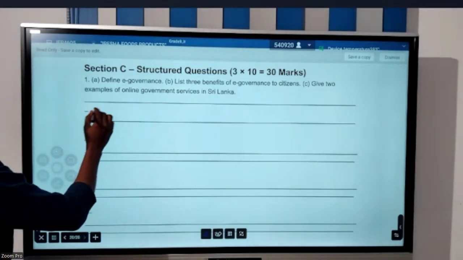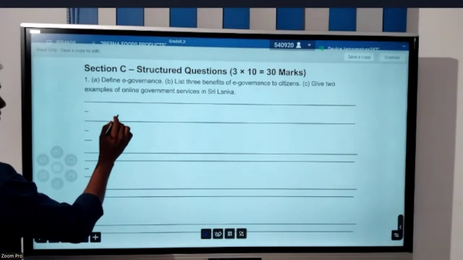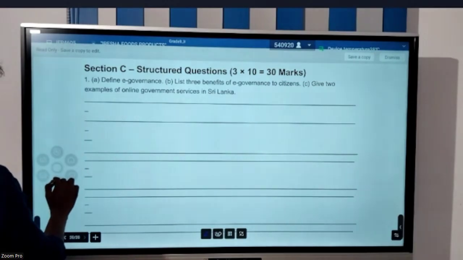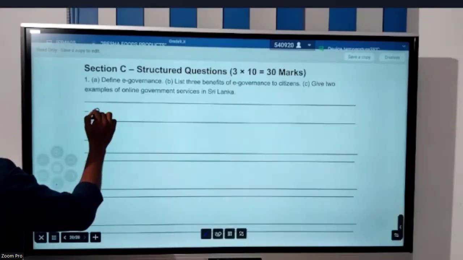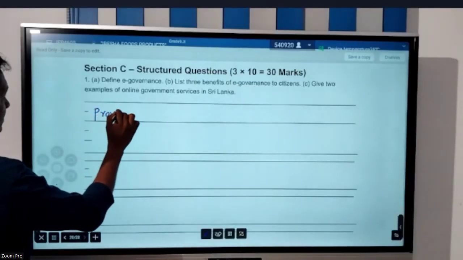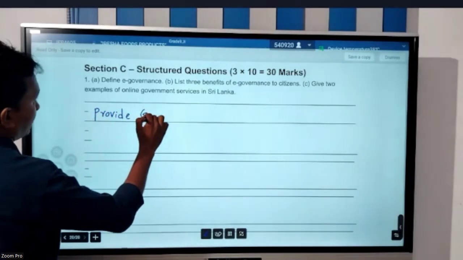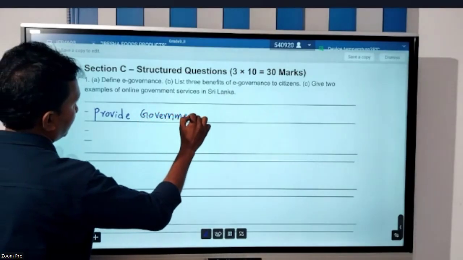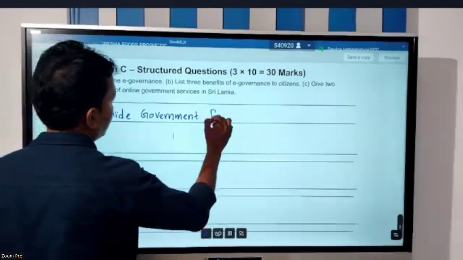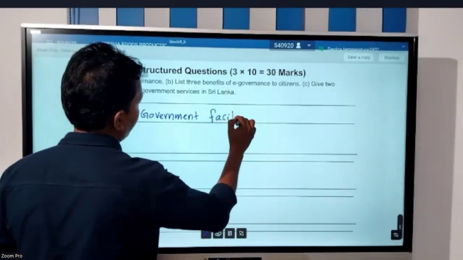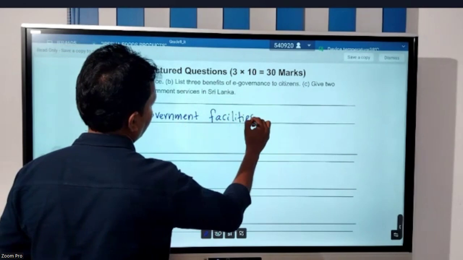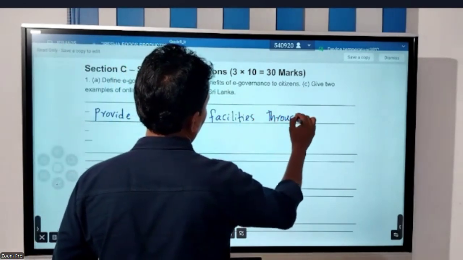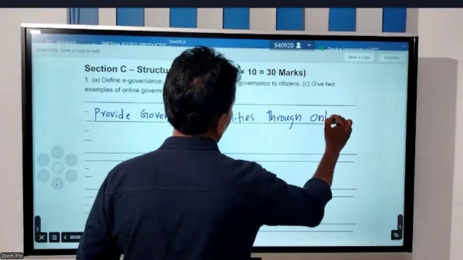E-governance is providing government facilities through online.